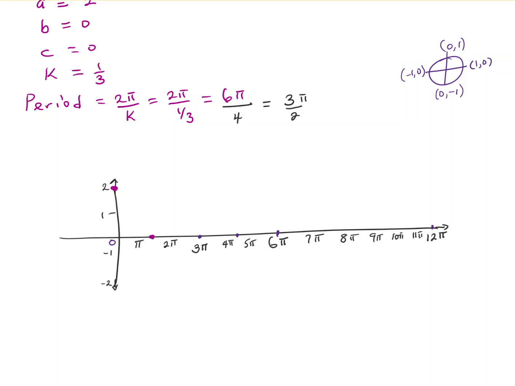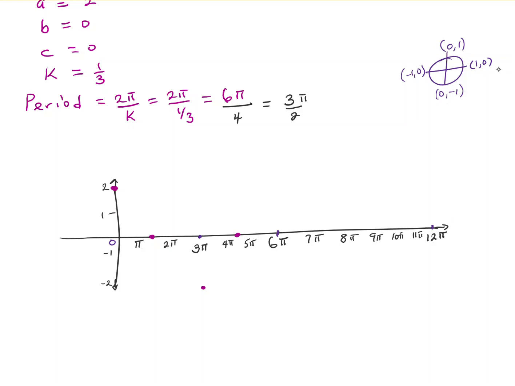Then here it is negative 1 multiplied by 2, that is negative 2. Then moving on, that is 0, which is here.